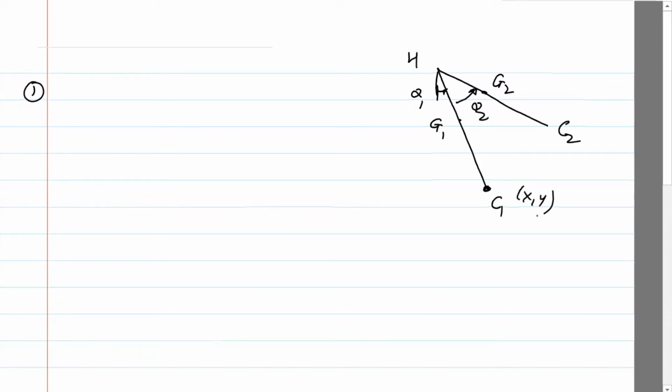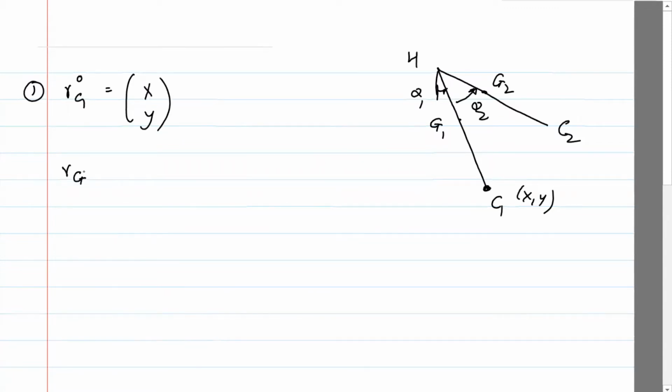So pretty much what we need to do is find the positions of all the points, because they will be needed some place or the other. So let's start with the position of RC1, which is this point, and that's easy. It's x and y because we chose that to be x and y. Next, let's find the position of RG1, sorry, RG1 with respect to frame 0.